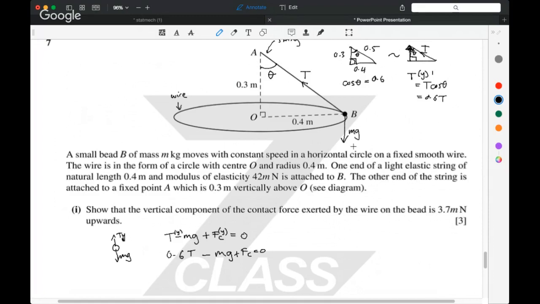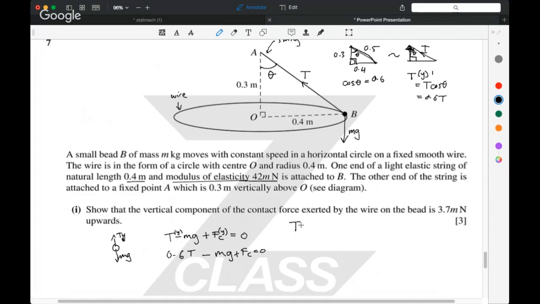Well, it's a wire, right? And it's an elastic string. So not the wire, the string. And we're told its natural length and its modulus of elasticity. And we've worked out how long it is now that it's been stretched.